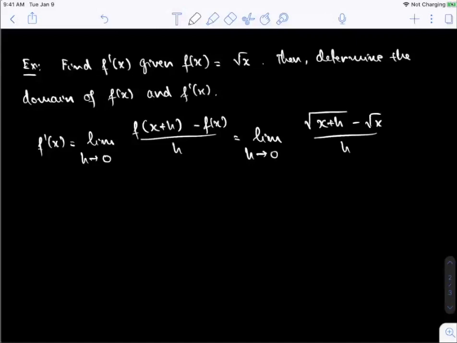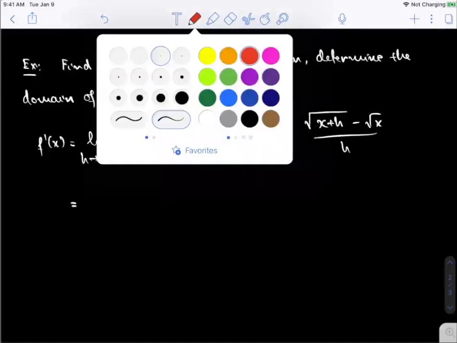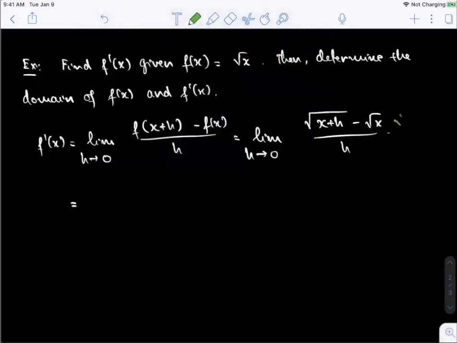So you have to rationalize this particular function. To do that, I'm going to multiply the top and bottom by the square root of x plus h plus the square root of x. Because somehow I want to eliminate h in the denominator.